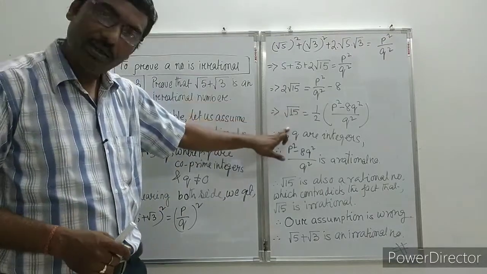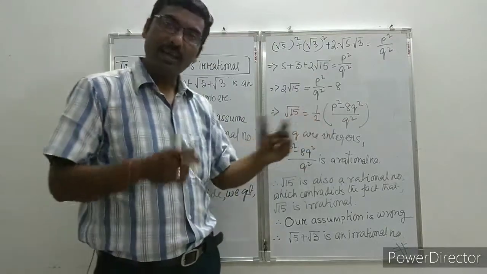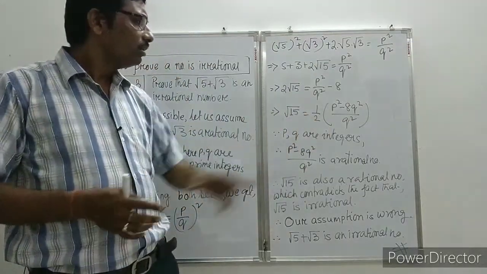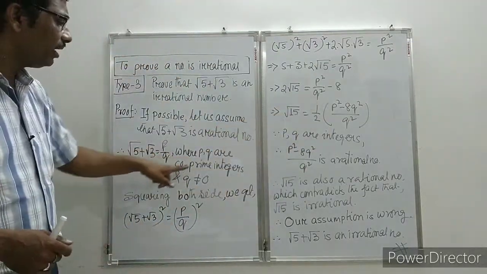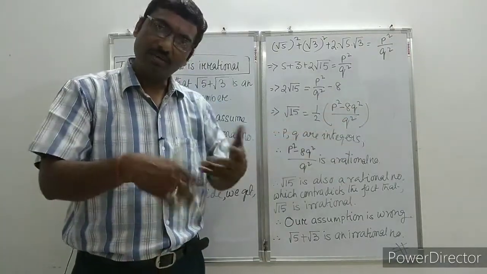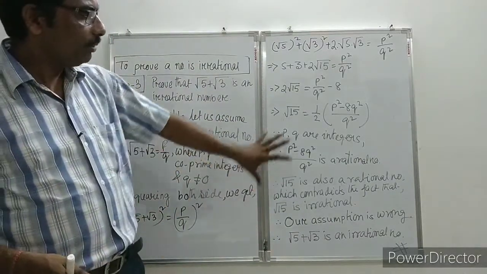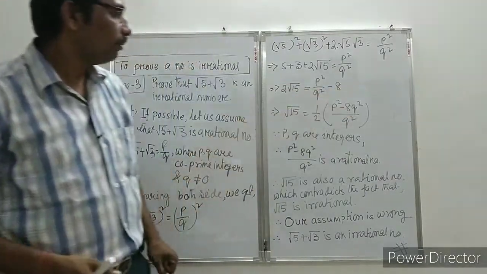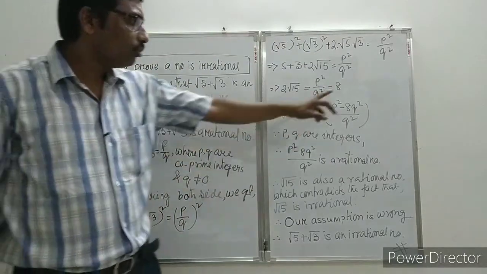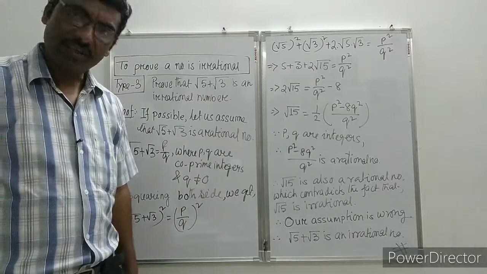So keeping root 15 on one side and everything on the other side, that is our aim. Now p and q we have assumed are integers, so integer by integer will become a rational number. Okay, so what does it mean? We are getting that (p square minus 8q square) by 2q square is a rational number.